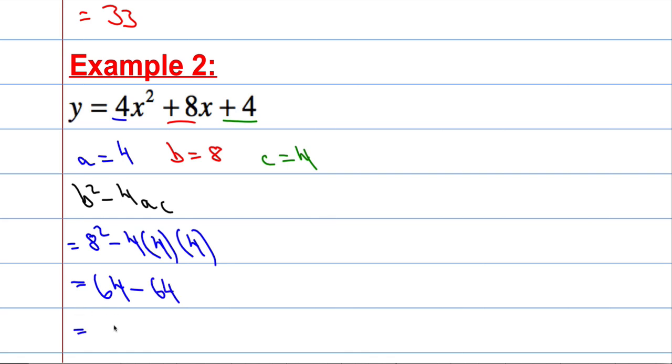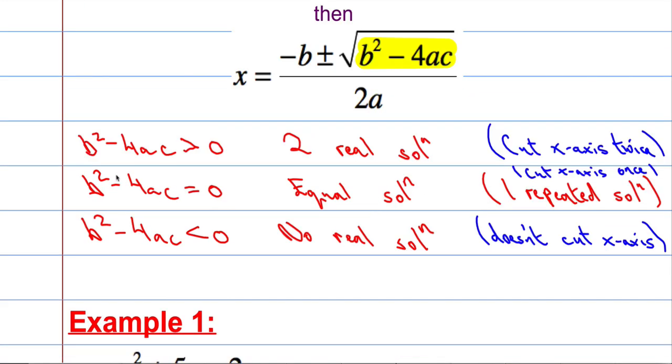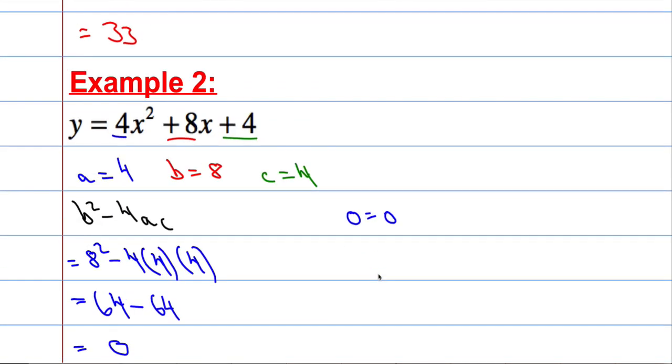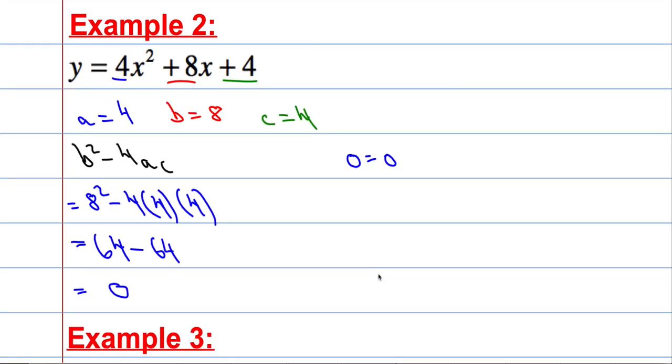So we get an answer equal to 0, which means it has one root. And if we remember from back up here, b squared minus 4ac equal to 0 means we've got equal solutions, or equal roots.